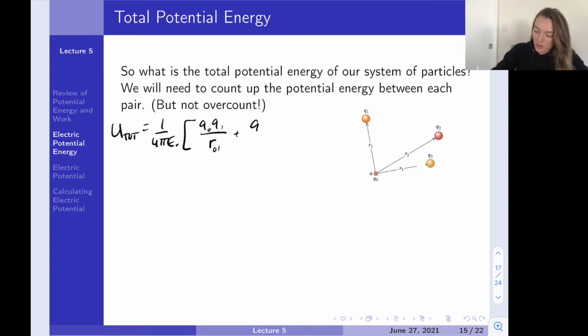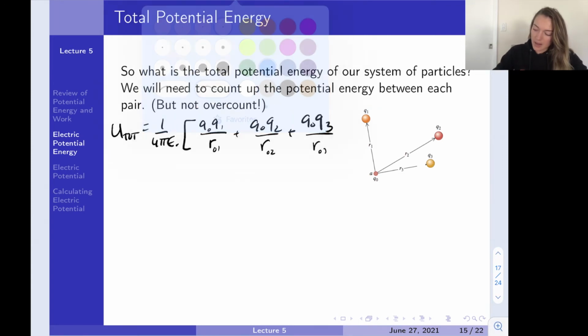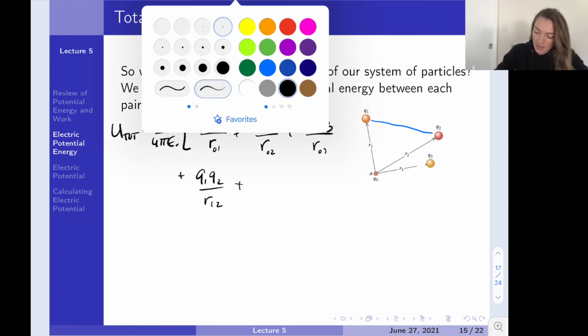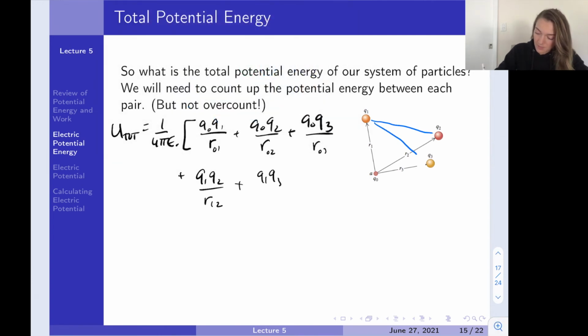Then I would have the pair Q naught and Q2 and the distance between them. Then I would have the pair Q naught and Q3 and the distance between them. And then I would have to do Q1 and Q2, so plus Q1, Q2 and the distance between them. Then Q1 and Q3 and the distance between them. And then my last pair would be Q2 and Q3.